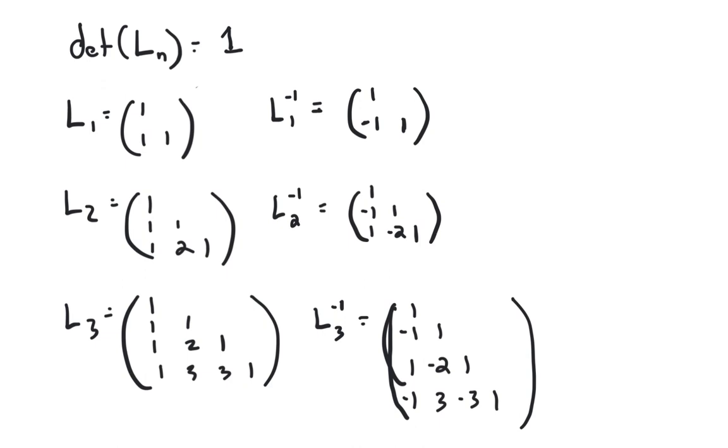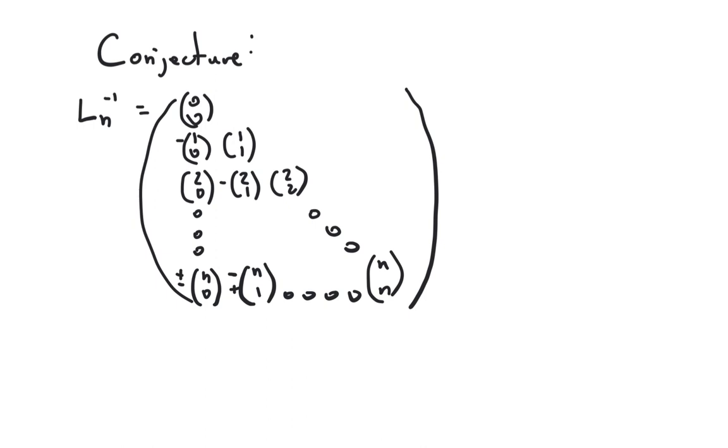So it's very similar. Let's see if we can write our conjecture up, and then we'll talk about what we need to do to prove this. So our conjecture is that it's a lot like Ln, except we have these negatives in places where the sum of the entries is odd. You can think of that in the following way.